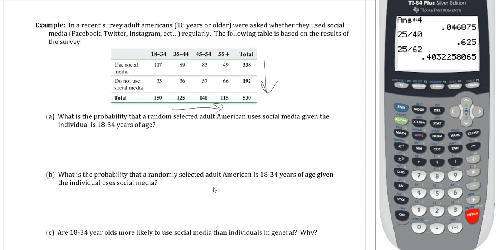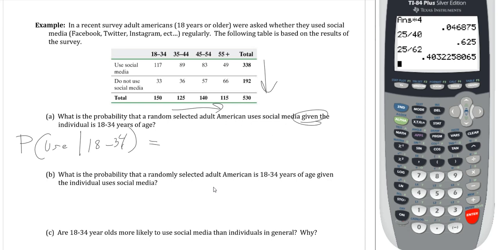First question is, what is the probability that a randomly selected adult American uses social media given the individual is 18 to 34 years of age? So, probability that they use given that they are in the 18 to 34 age group. Notice that given probability.